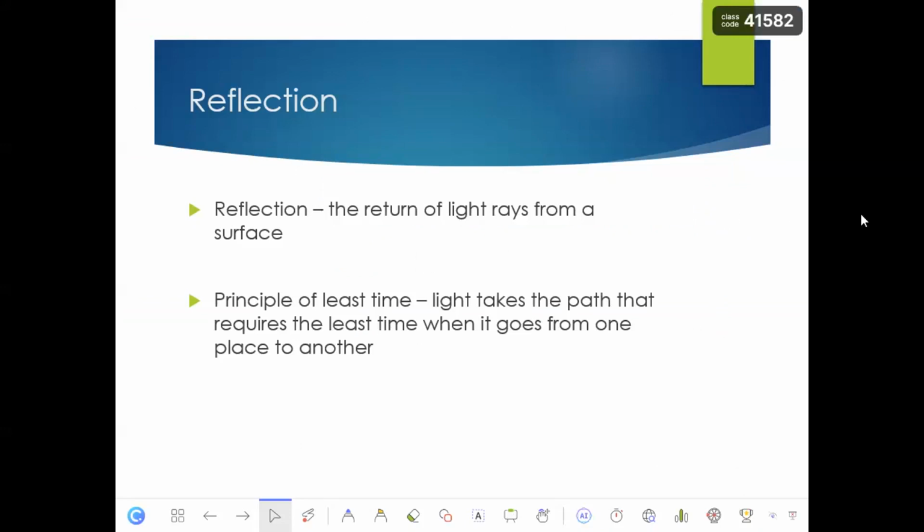Reflection. We already talked about the light, and we said that the light has a spectrum from radio wave to gamma ray, X-ray, and then we tried to focus more on visible light.